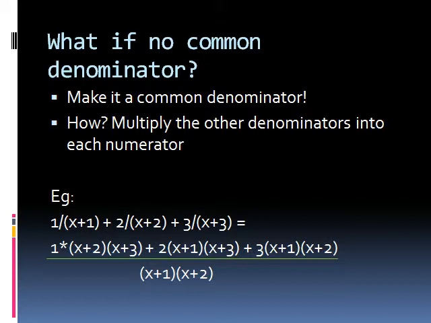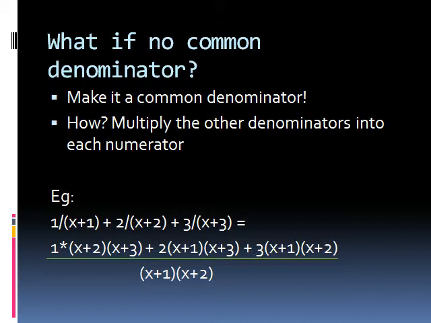In this example, it is 1 over x plus 1 plus 2 over x plus 2 plus 3 over x plus 3. Now, you can see that every single denominator is different. So what are we going to do? Well, to make it a common denominator, we have to multiply all of the other denominators into each numerator.